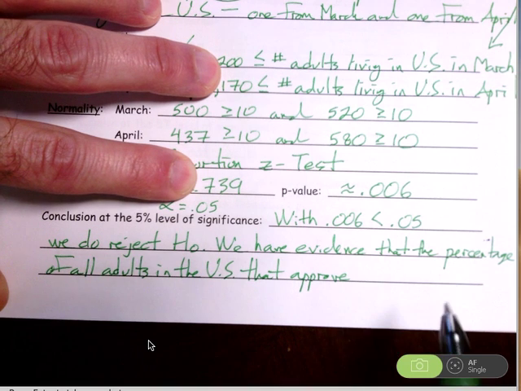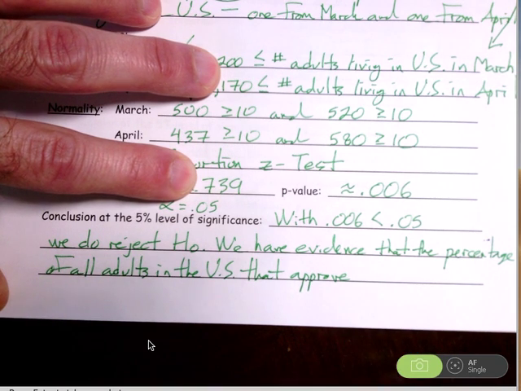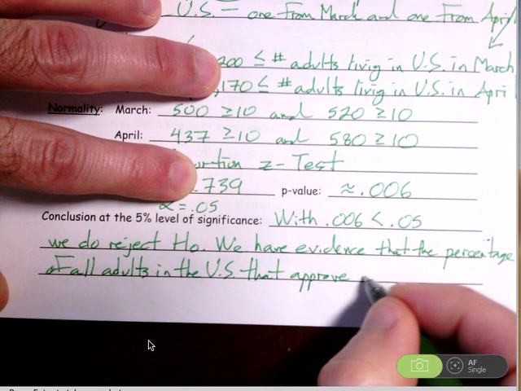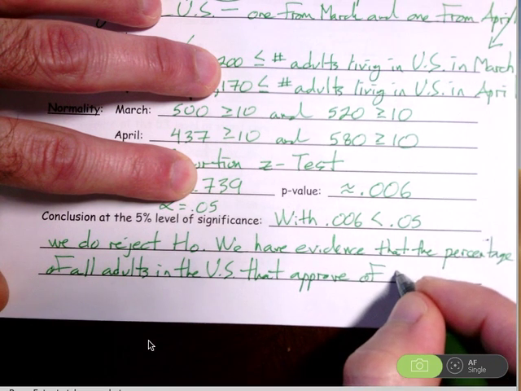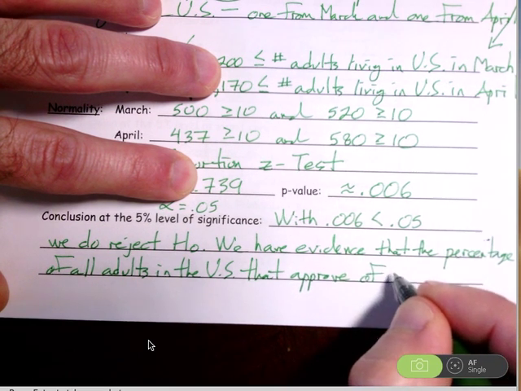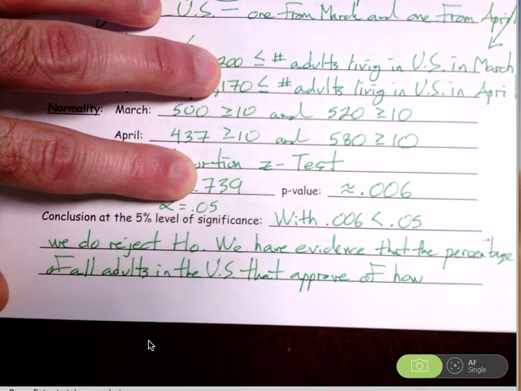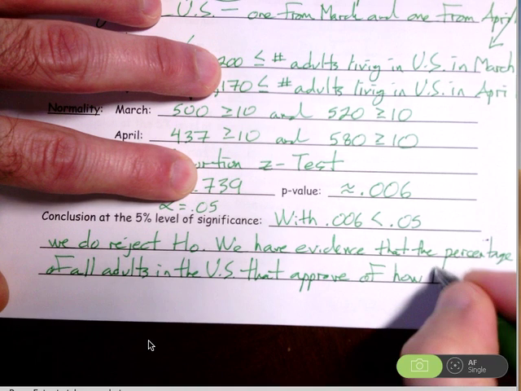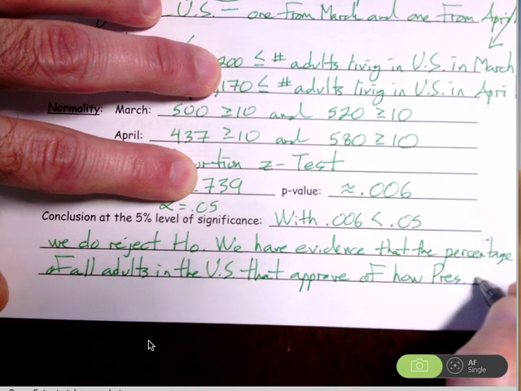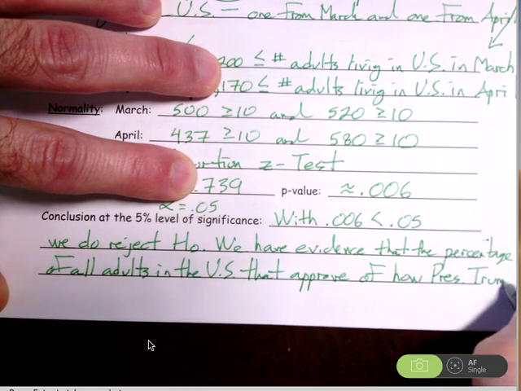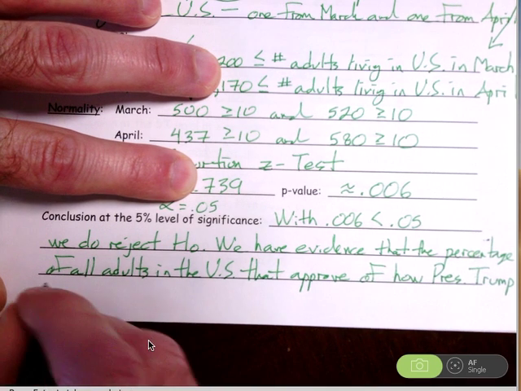Instead of taking the time to write out that phrase, how President Donald Trump is handling his job, I will just say that approve of how Trump is doing his job. I'll just keep going. That approve of how, it is actually a good lesson to copy the words, of how President Donald Trump, we'll just abbreviate it, President Trump is handling his job.